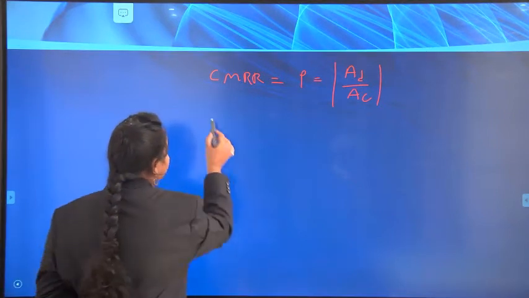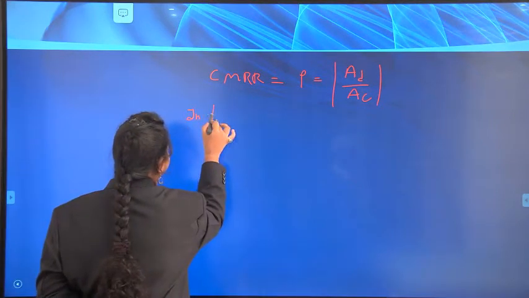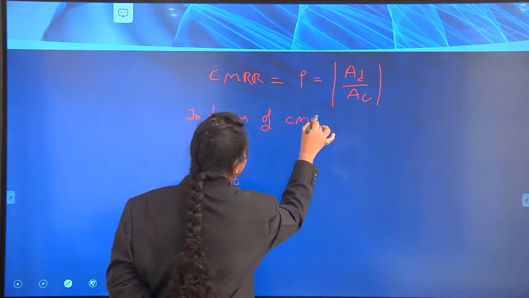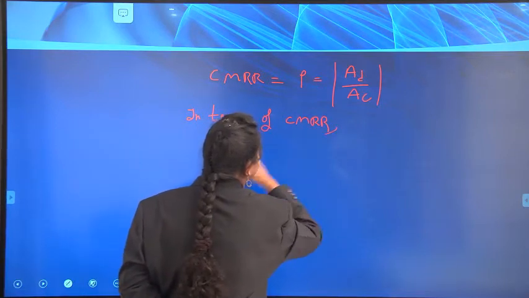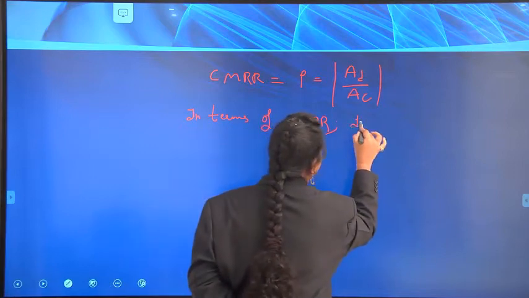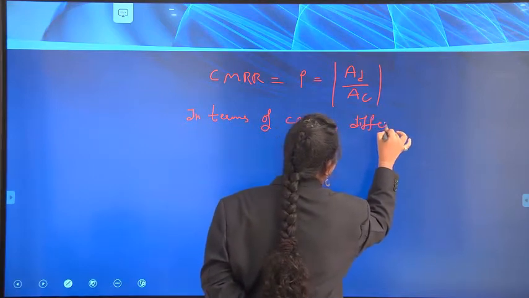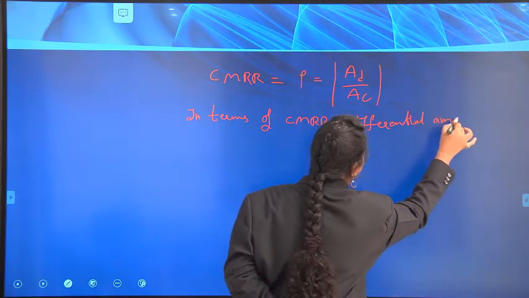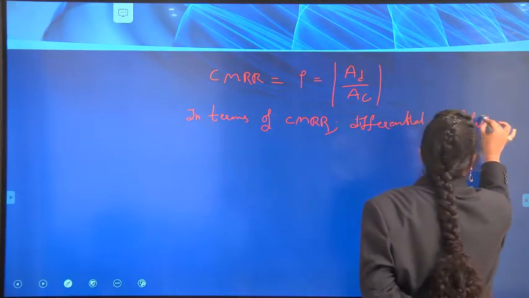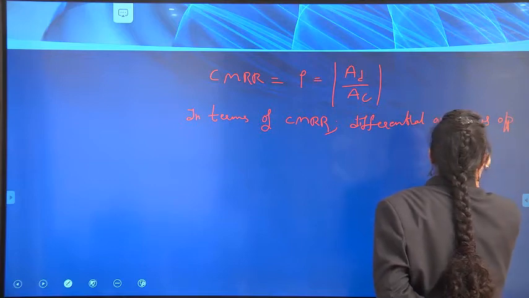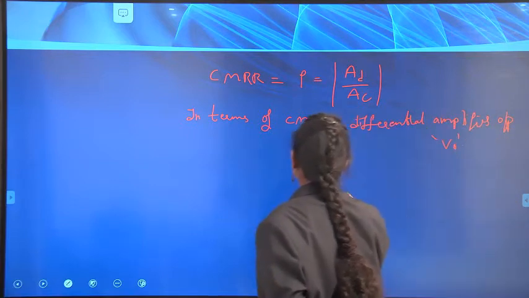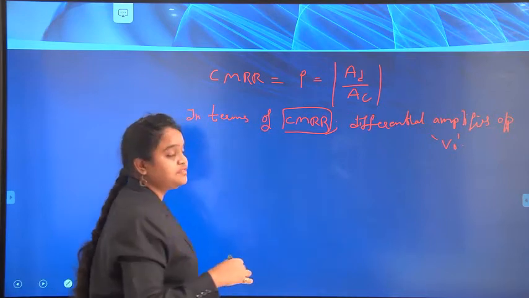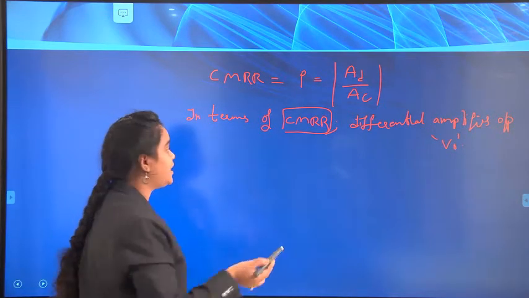In terms of CMRR, we can write V0 by using the differential amplifier output. What is the equation for the differential amplifier output voltage?